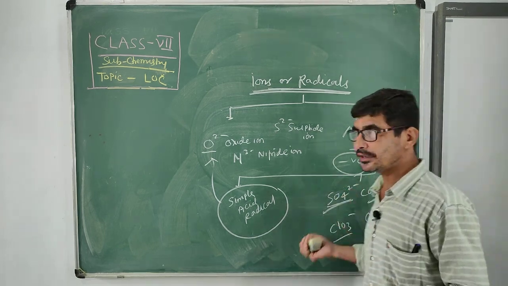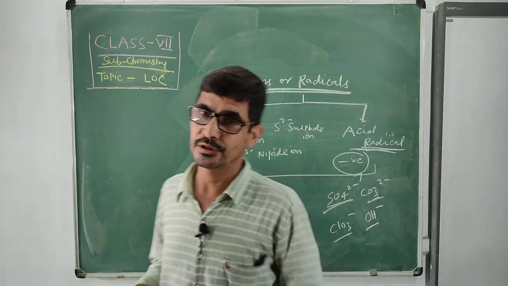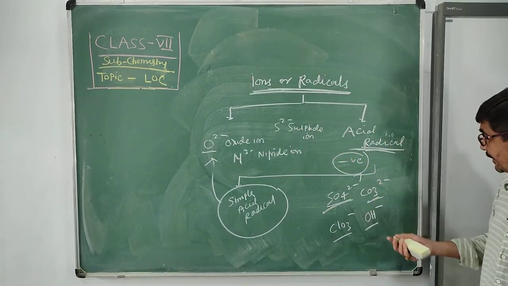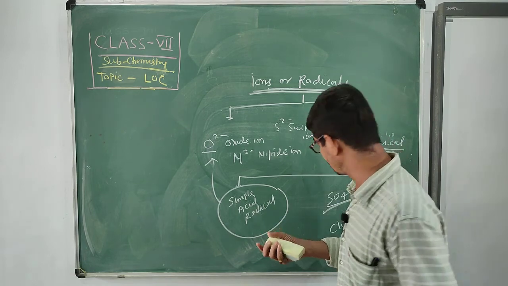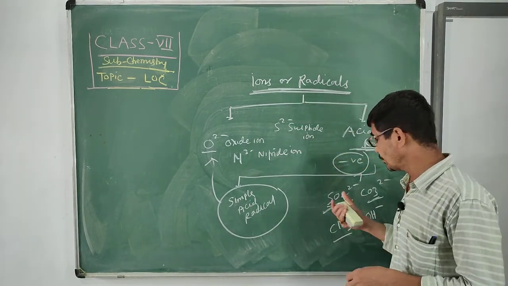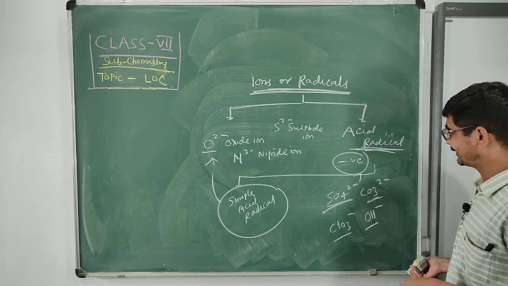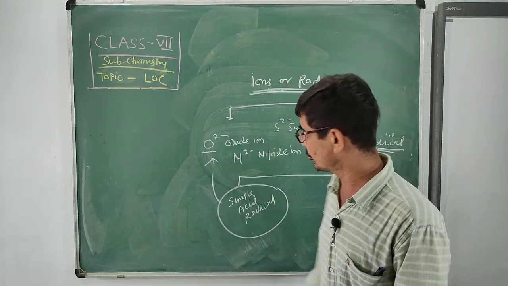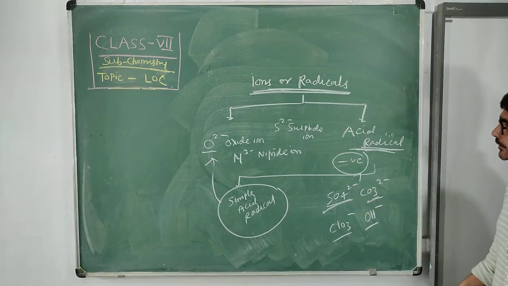So it is necessary to learn: SO4 2 minus is sulfate ion, CO3 2 minus is carbonate ion, ClO3 minus is chlorate ion, OH minus is hydroxide ion. These are groups of atoms having negative charge, so we say they are compound acid radicals.